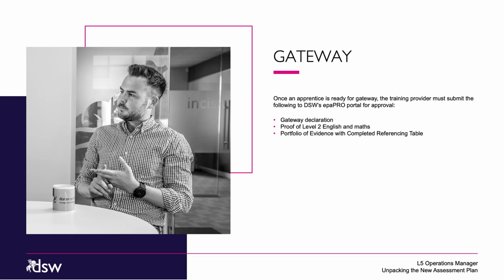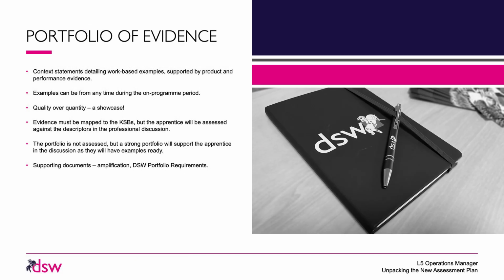So the specific requirements for Gateway: you have the Gateway Declaration, the proof of the Level 2 English and Maths, and the portfolio of evidence, along with a completed referencing table. The portfolio of evidence itself is designed to be a showcase of the apprentice's best work.